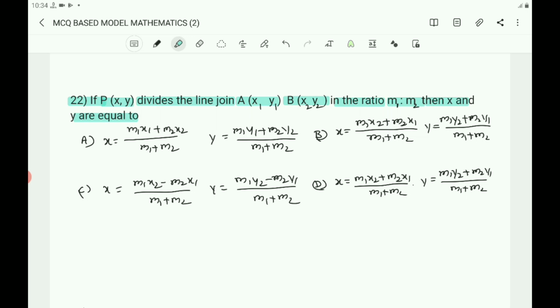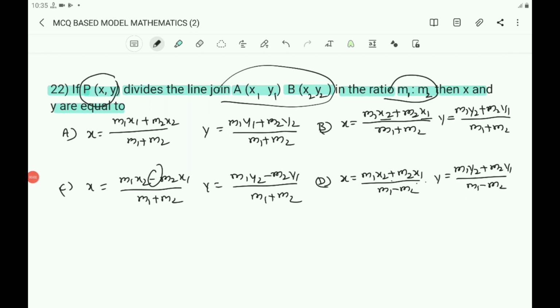The point P divides the line joining these two points in the ratio m1 is to m2. If you know the section formula, you can make out the answer easily.